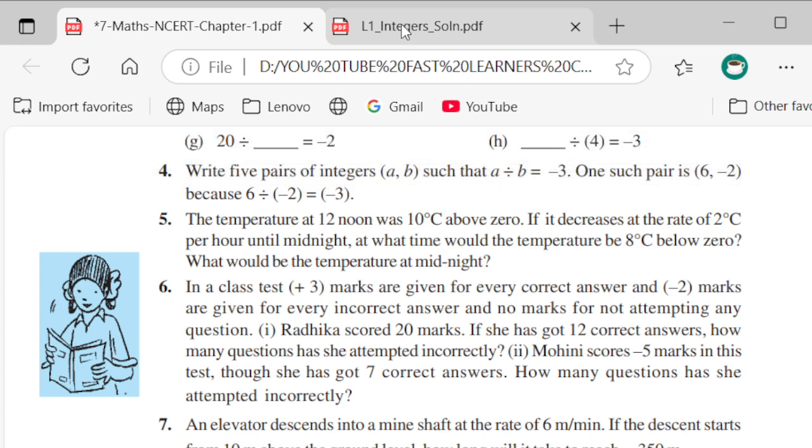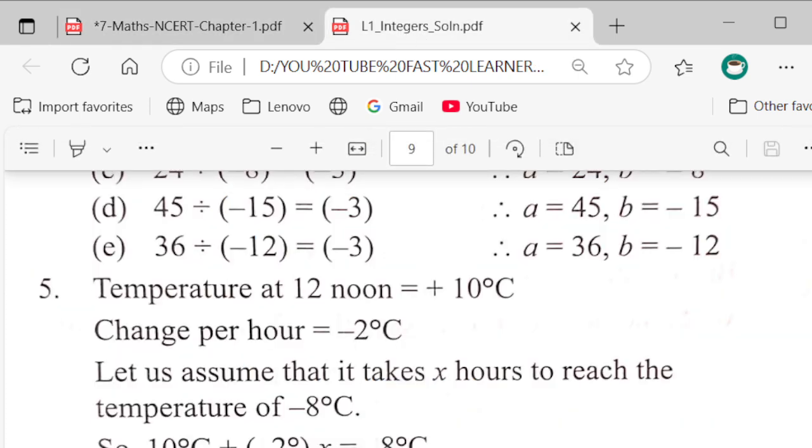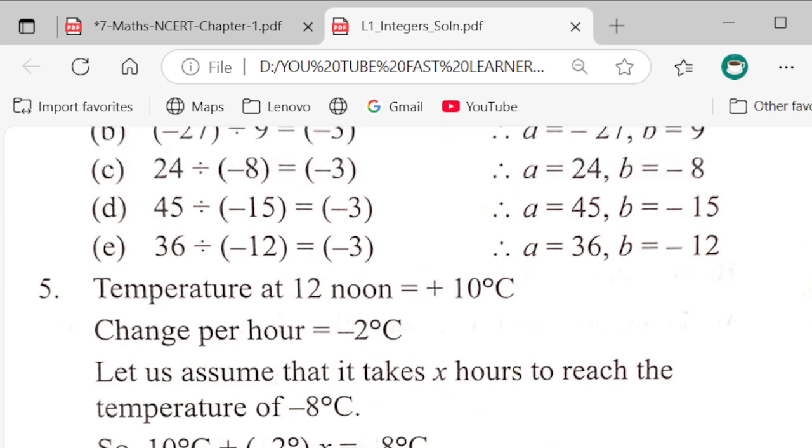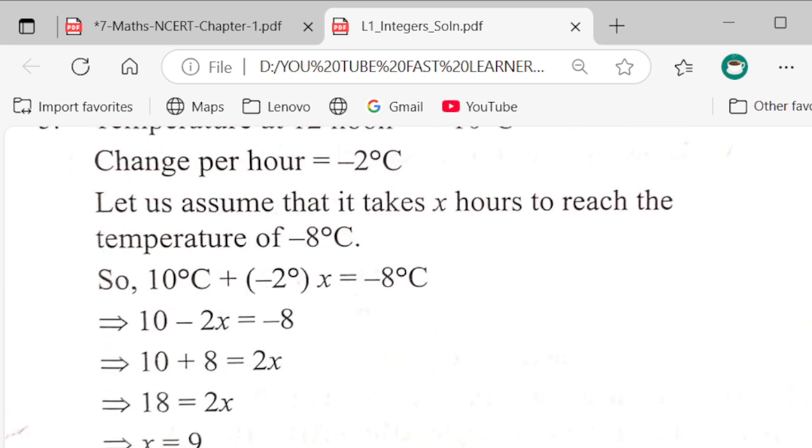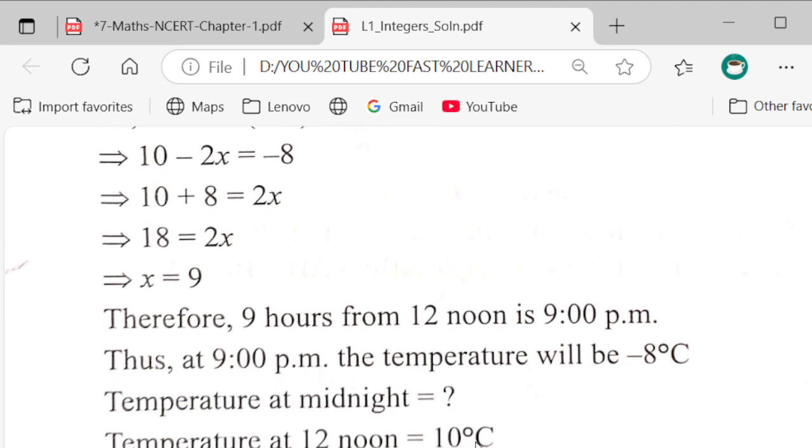So at 12 noon it is 10, and then it keeps on dropping 2 degrees. So by 12 o'clock at midnight it goes down to, just a moment, minus 24 degrees Celsius.